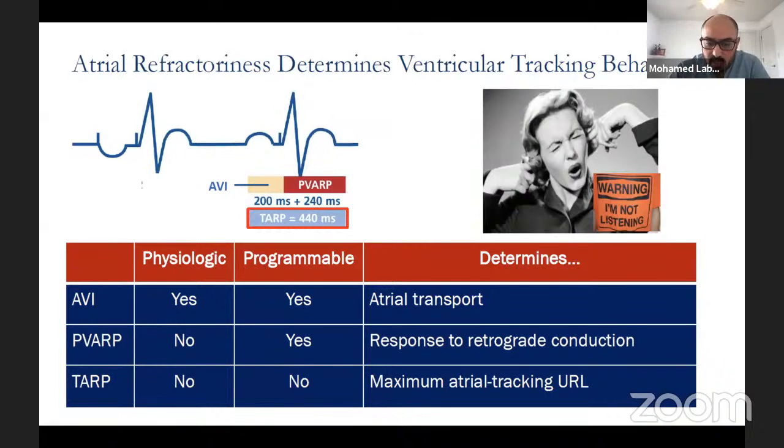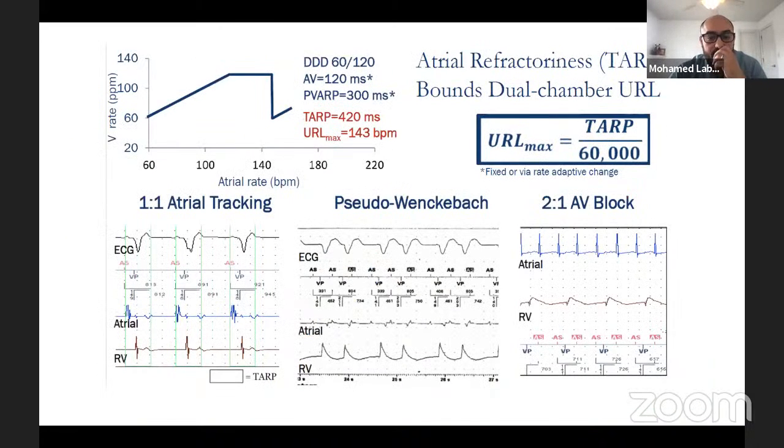I will skip this slide because it will be easier if I show the next one, the upper rate behavior. If you have a dual chamber pacemaker, you tell the device, I want you to pace at a lower rate of, for example, 60, upper rate 120. Say the patient is young with complete heart block and is able to mount his heart rate above 120 easily.